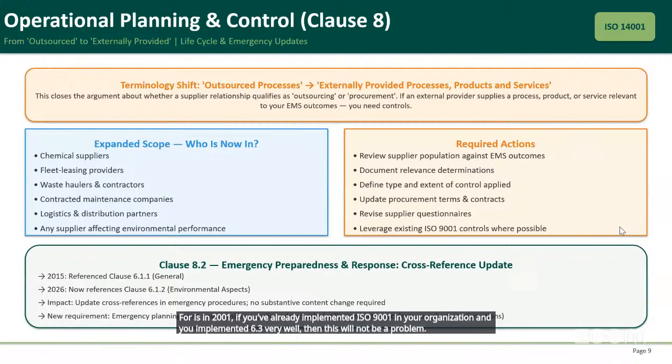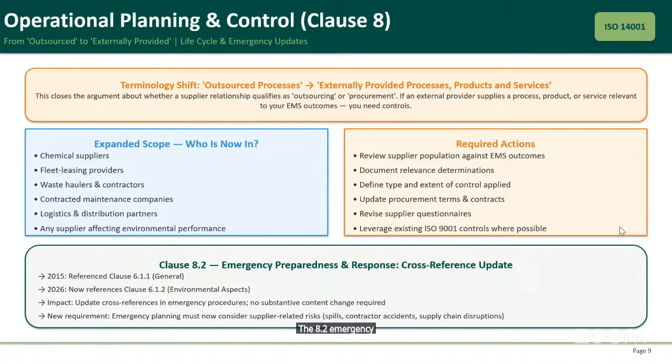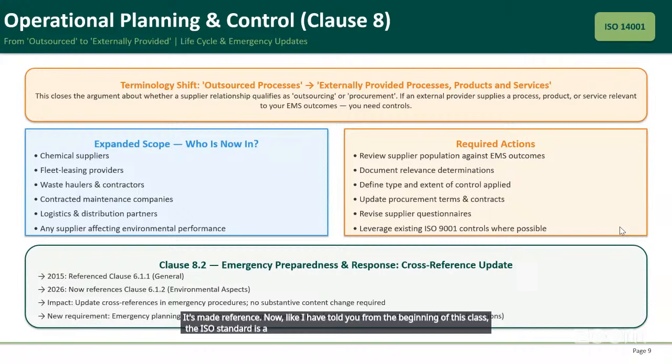Then 8.2, emergency preparedness and response. What do you need to do? If you look at the earlier version, under emergency response, it made reference. Now, like I have told you from the beginning of this class, the ISO standard is a fluid process. It's not a waterfall approach. It works together.